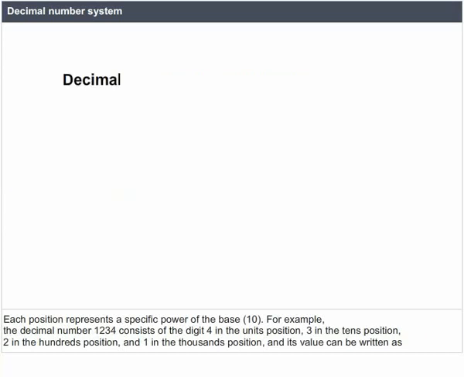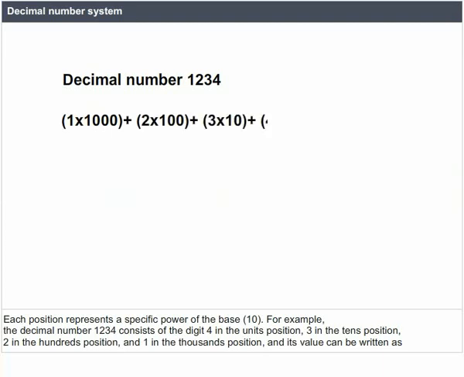For example, the decimal number 1234 consists of the digit 4 in the units position, 3 in the tens position, 2 in the hundreds position, and 1 in the thousands position, and its value can be written as 1 multiplied by 1000 plus 2 multiplied by 100 plus 3 multiplied by 10 plus 4 multiplied by 1.